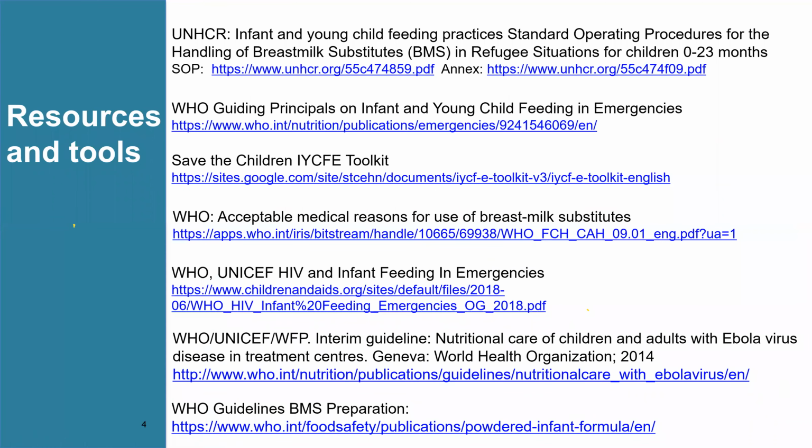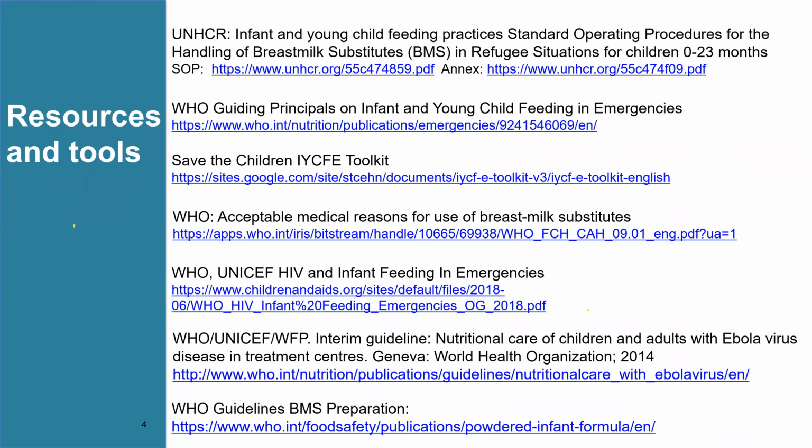These are the resources and tools. The UNHCR infant and young child feeding practices SOPs, which I mentioned earlier, including the SOPs in the first link and the annex in the second, which have quite a lot of resources and tools available through that annex. The WHO guiding principles on infant and young child feeding in emergencies.